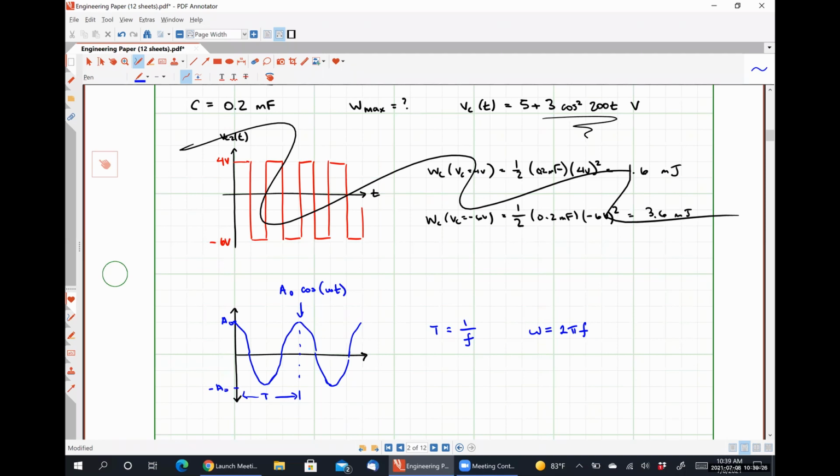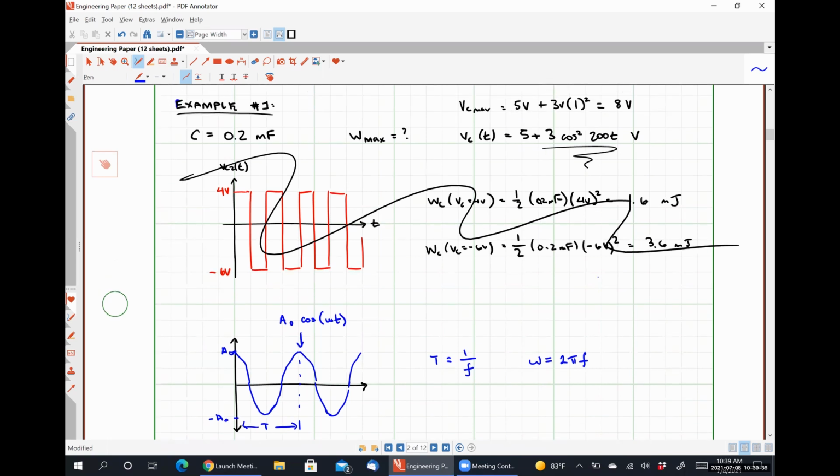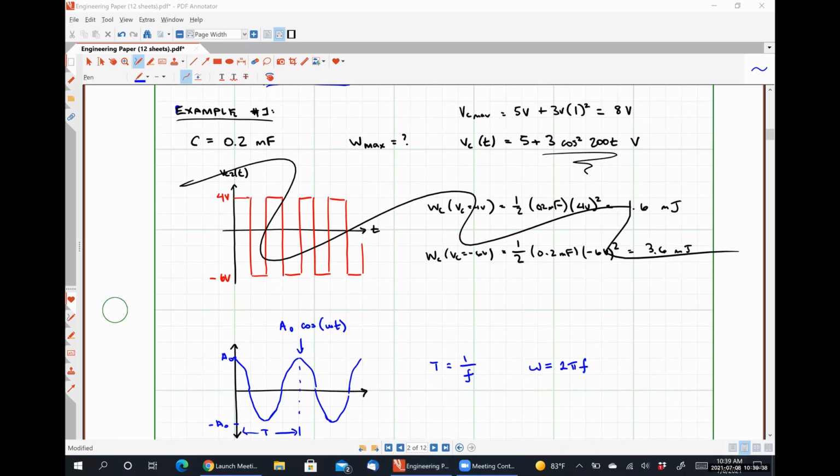Omega is just related to how quickly this thing is oscillating. It has nothing whatsoever to do with the amplitude at all. Okay, so very, very good question. The cosine, the 200t part has nothing to do with the maximum value. It's just if I'm stretching this cosine function out or compressing it together, that's all it has to do with.